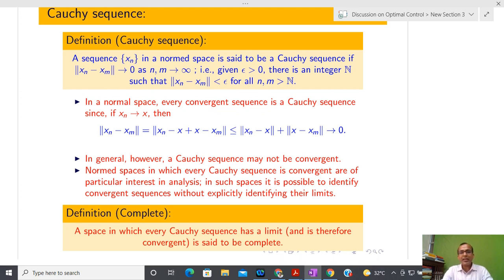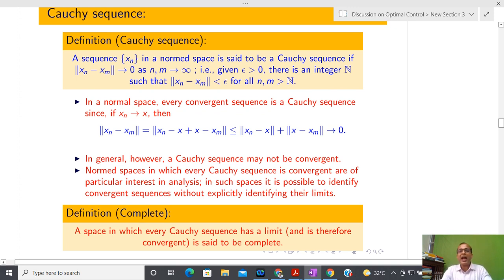Now, I have one sequence in the space, meaning the function space I have considered, and I know how to define the convergence.